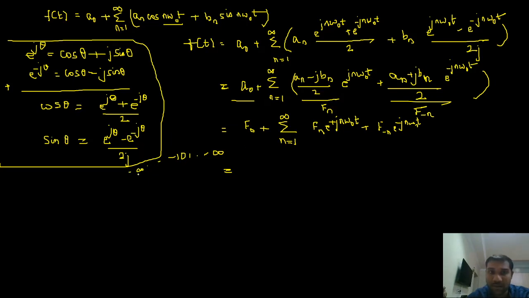So combining everything I can write for all n, from n equals minus infinity to plus infinity, fn e^(jnω₀t). If I expand this I'll get the same thing. When n is equal to 0 it is f₀, e power 0 is 1. When n is positive it is fn e^(jnω₀t). When n is negative it is f₋n e^(-jnω₀t).